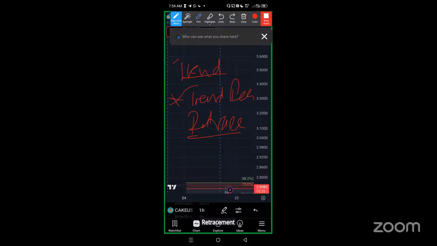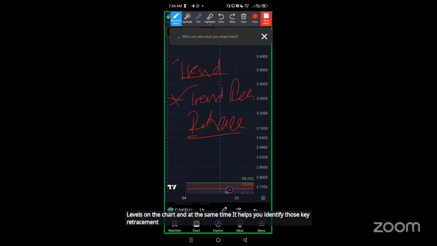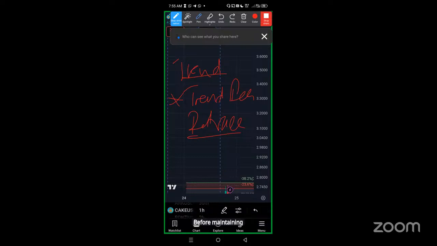So it helps you identify those possible trend reversal levels on the chart, and at the same time, it helps you identify those key retracement levels, so that if the market price is moving in a particular direction, you should be in a position to locate tentatively the possible areas to which the market price may pull back before maintaining the previous trend if it is not reversing.